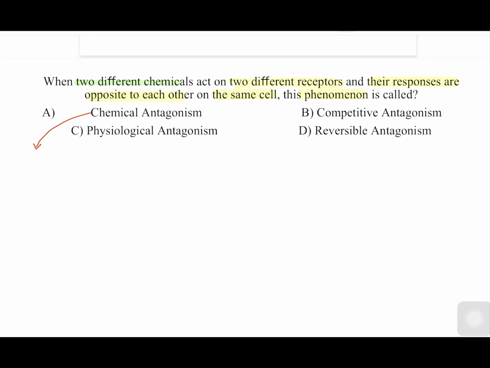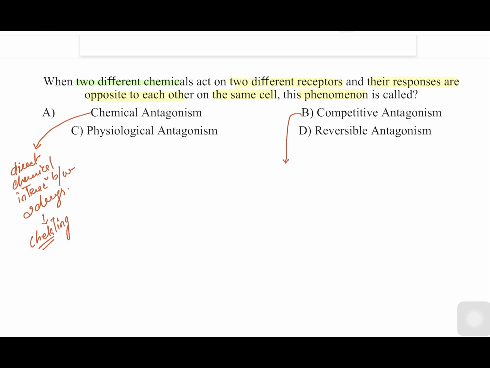Chemical antagonism means direct chemical interaction between the two drugs. They can lead to inactivation of one or both. For example, chelating agents are an example of chemical antagonism.